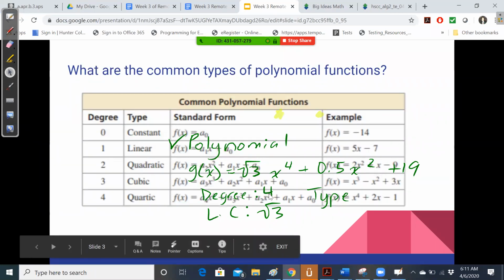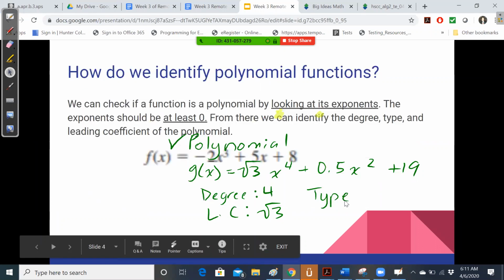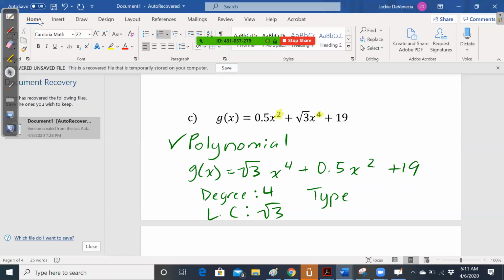So the degree was 4. I have a quartic. So let's go back. This would be a quartic. Okay? So that's how I'm going to identify that.